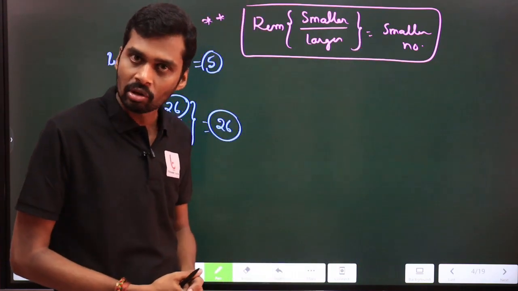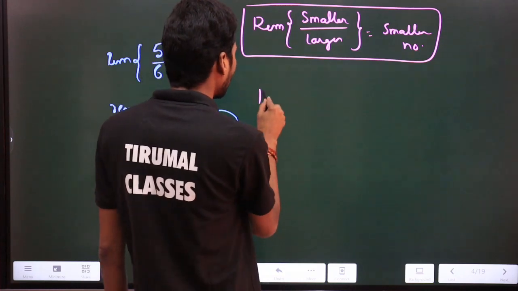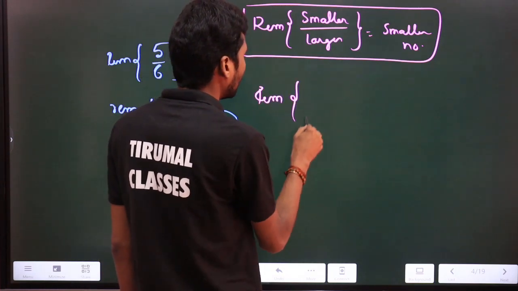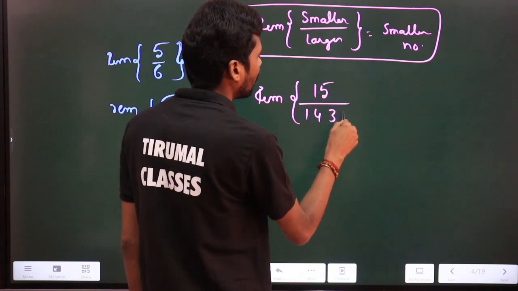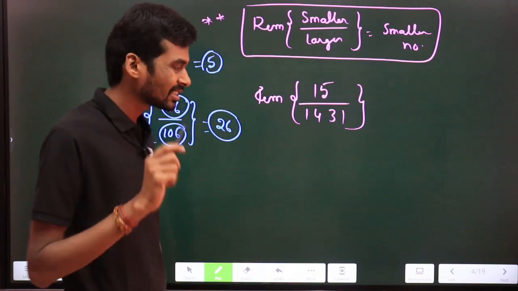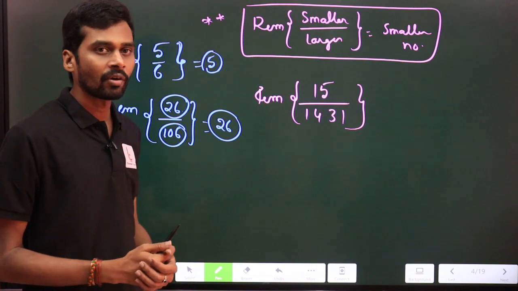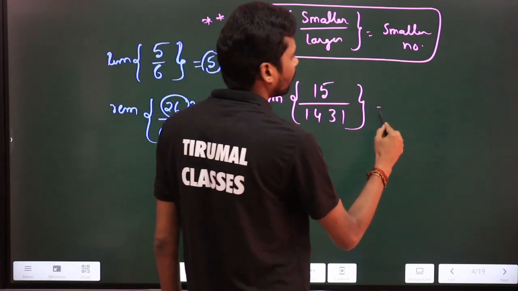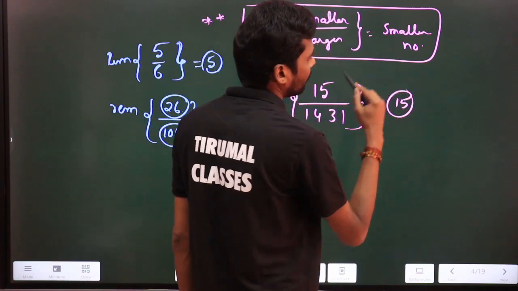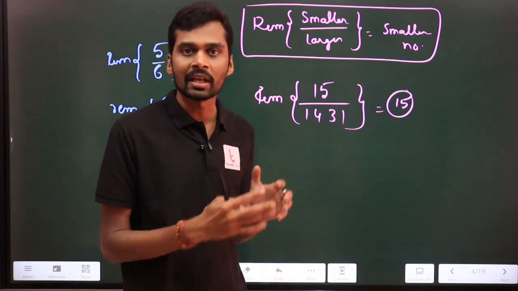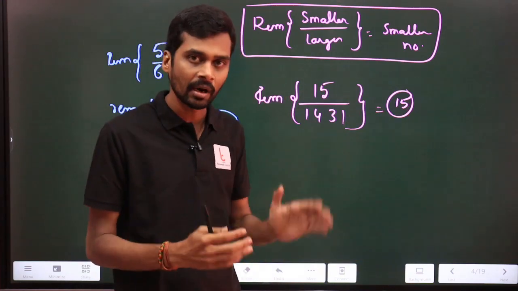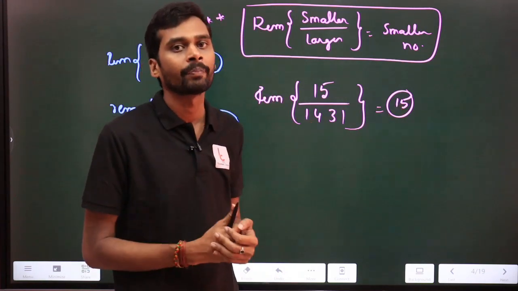The smaller number always. You can take any number of examples. Suppose I ask what is the remainder when 15 is divided by 1431? Immediately you can write the remainder is 15, because whenever you are dividing a smaller number by a larger number, the remainder is always the smaller number which comes in the numerator part.